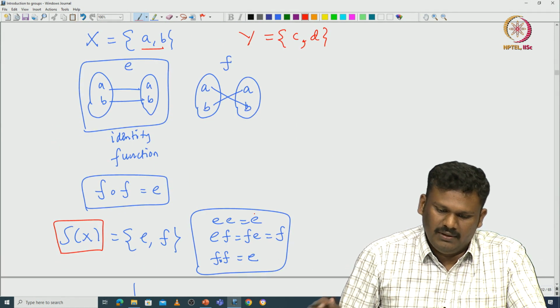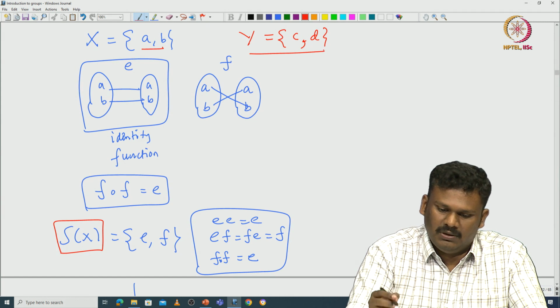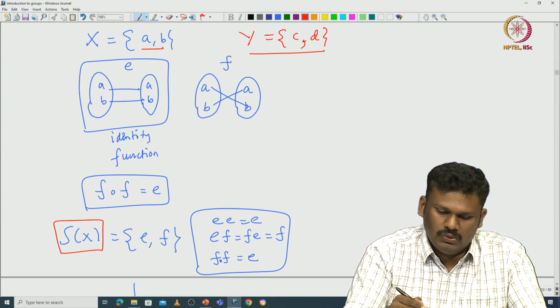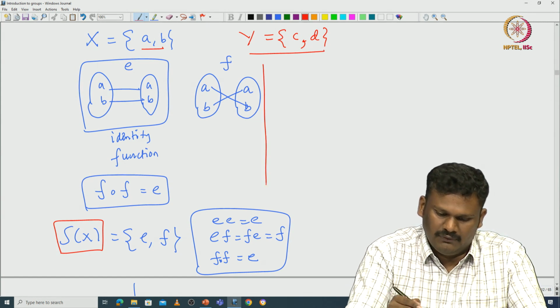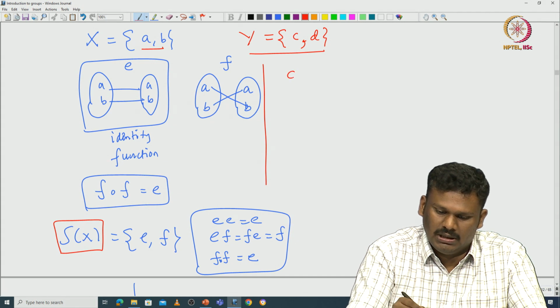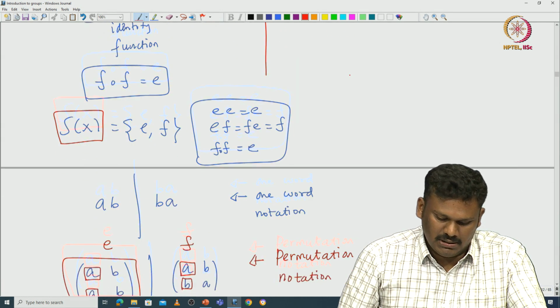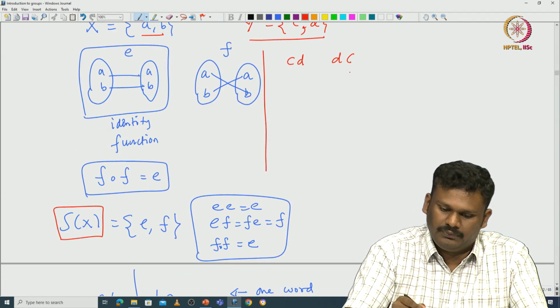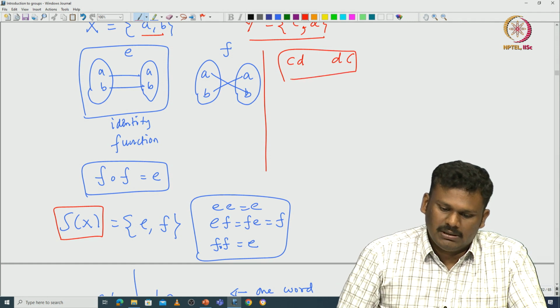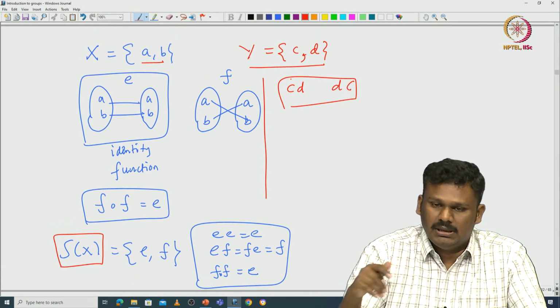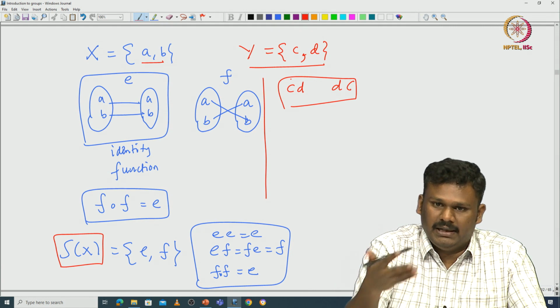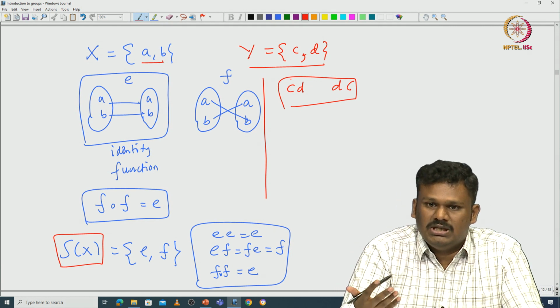Then if I look at all the possible functions here, using any of this notation, for example in one line notation, it will be C D and then D C. Basically, it is the same as A B and B A. There is no difference between them. So, the abstract group behind this is not actually changing.